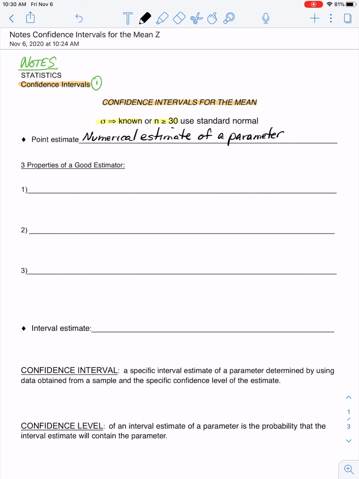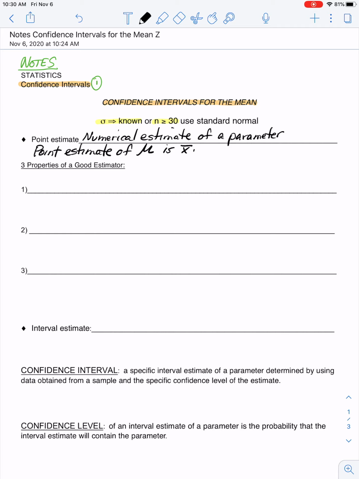With that said, we can say that the point estimate of mu, which is your population mean, is going to be the sample mean.